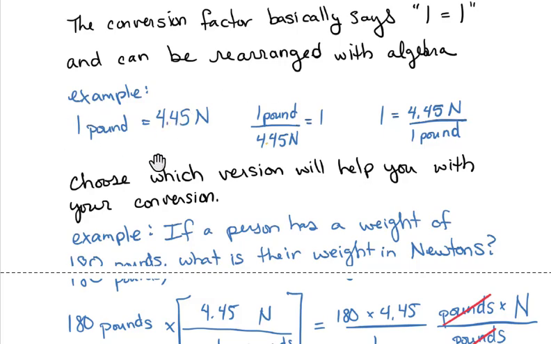Or I could go back to this and divide both sides by 1 pound. And then I would end up with this. 1 is equal to 4.45 newtons divided by 1 pound. So you can just rearrange a conversion factor in these different ways. And then if you have to use the conversion factor, you pick whichever way looks the most useful.